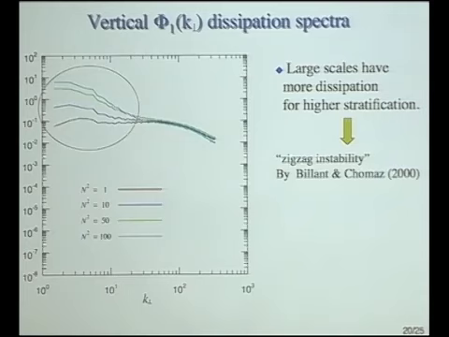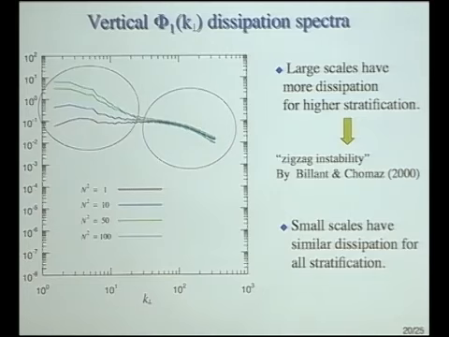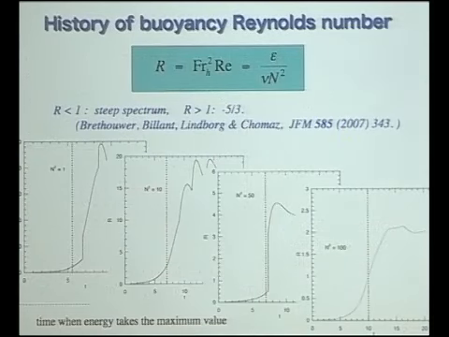So we see stronger dissipation for stronger stratification, which may be related to the so-called zigzag instability by Billant and Chomaz. And small scales have similar dissipation for all stratification.